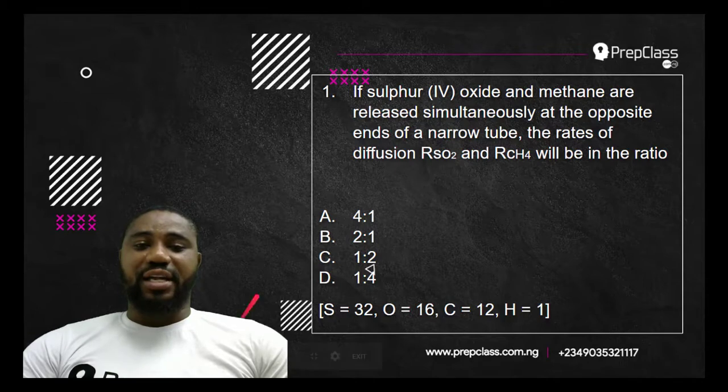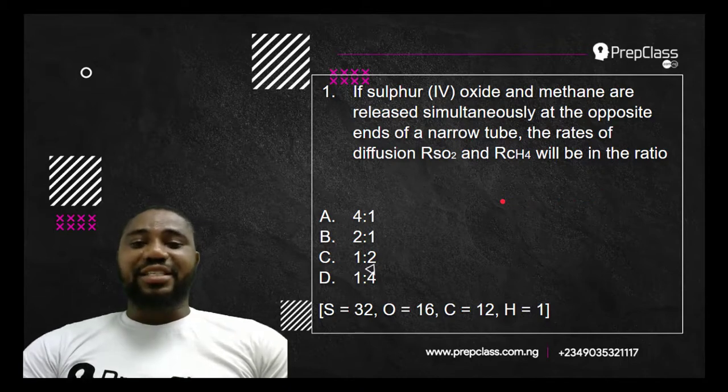Question number 1 says: if sulfur IV oxide and methane are released simultaneously at the opposite ends of a narrow tube, the rates of diffusion, that is R(SO2), the rate of diffusion of sulfur IV oxide, and R(CH4), the rate of diffusion of methane, will be in the ratio?